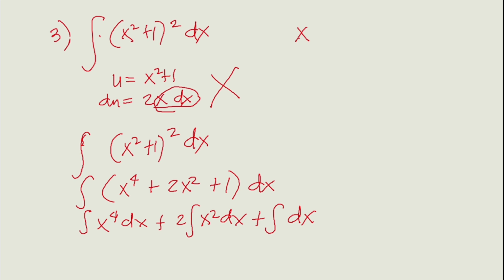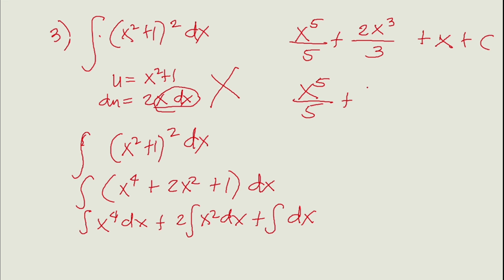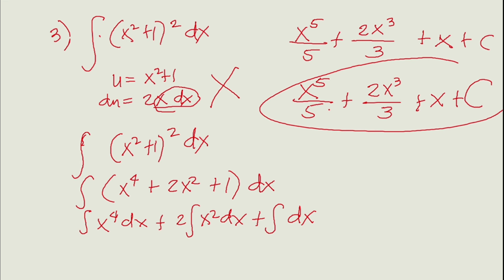So this is x raised to 5 over 5, plus 2 times x cubed over 3, plus the integration of this one is x, plus c. So this is x raised to 5 over 5 plus 2 over 3 x cubed plus x plus c. So this is the final answer for number 3.